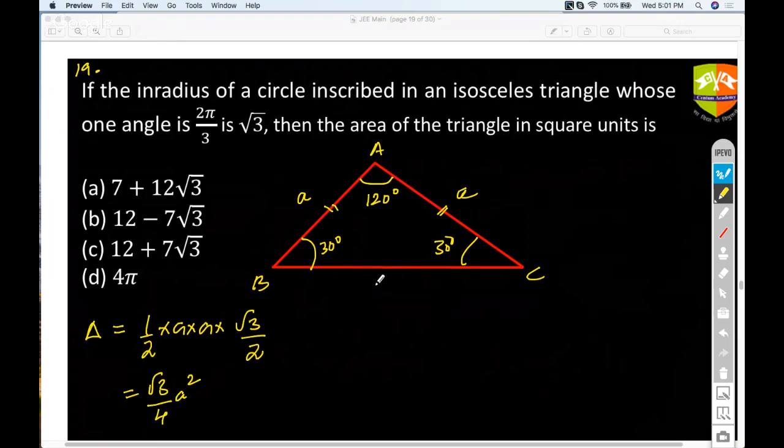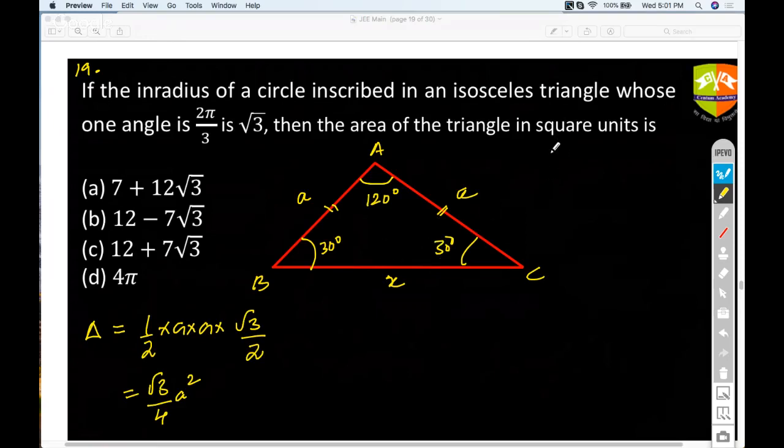Now, let's say the other side is X, okay, for the time being. Can you apply sine rule over here?